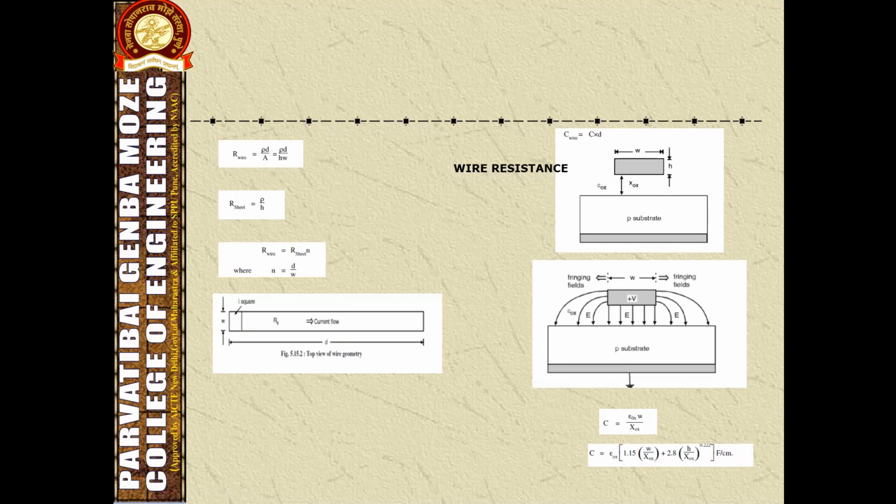Let's see about the wire capacitance. Interconnect capacitance is the limiting factor in a high-speed circuit. Here, shown in this figure, is the wire capacitor. The capacitance equations used here have the unit capacitance per unit length, that is farads per centimeter.